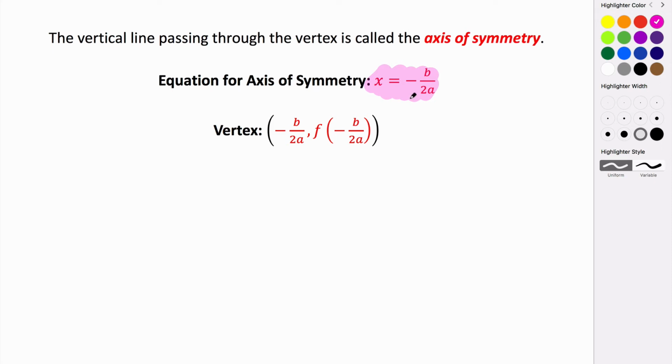We know that vertical lines have the equation x equals some number, and since b and a are just real numbers, when we substitute them in, we're just going to get x equals some value. Because the vertical line goes through our vertex, this x value is the x coordinate of our vertex. And then to find the y coordinate of our vertex, we would take this x value and evaluate our function f at that x value.